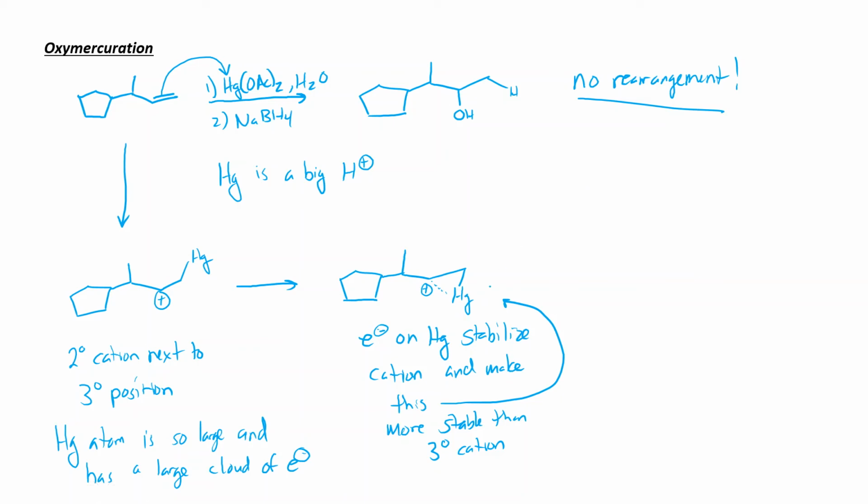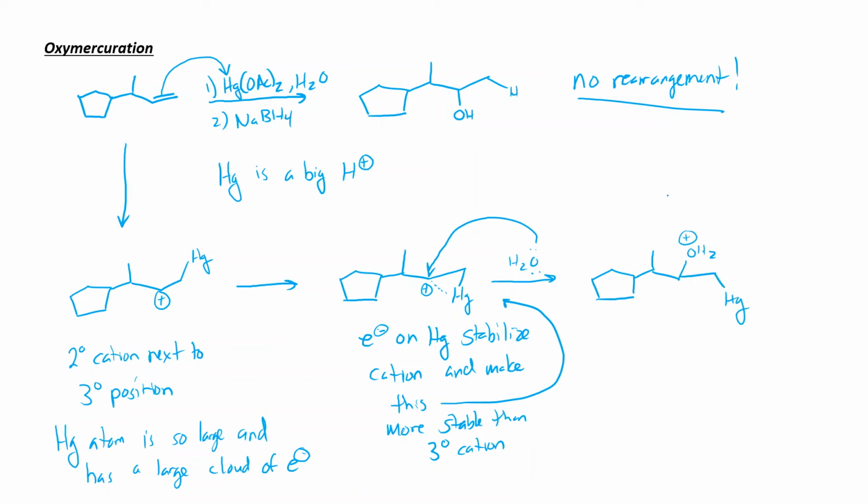So now our water comes in and attacks that carbocation, and notice that our conjugate base, our water, is still adding to the carbocation position, much like all the other reactions that we've seen. And we still have mercury here.